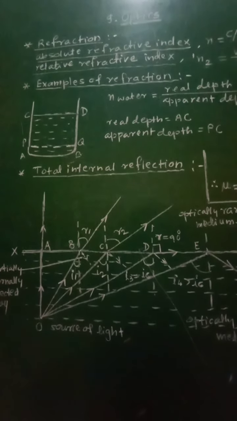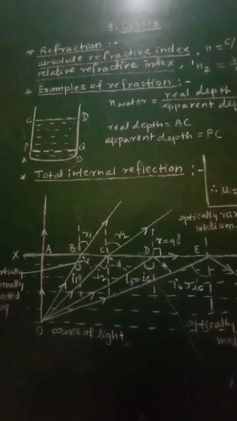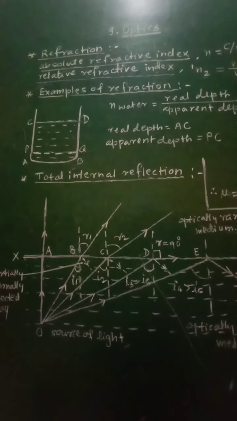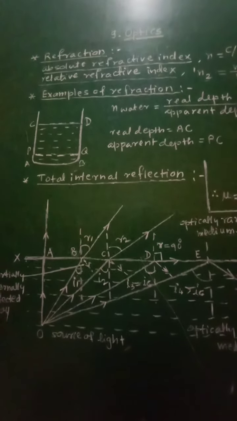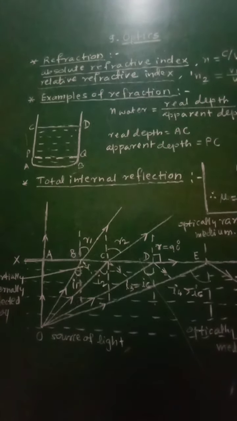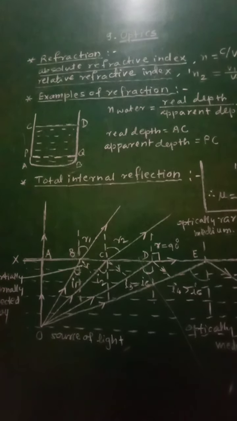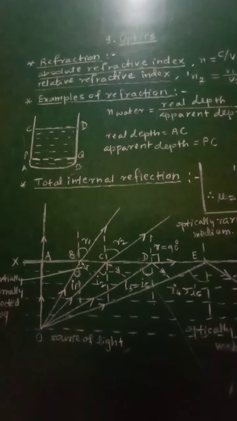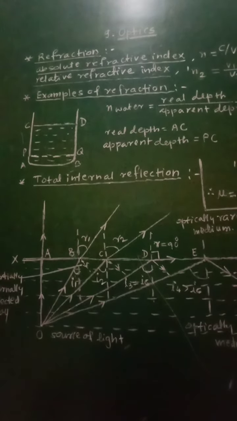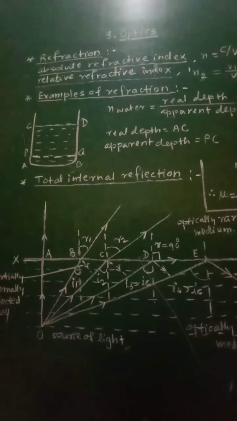In general, there is always a particular type of reflection and refraction, that is, there will always be partial reflection and partial refraction at the interface. So for all angles of incidence, there is partial reflection and partial refraction at the interface.